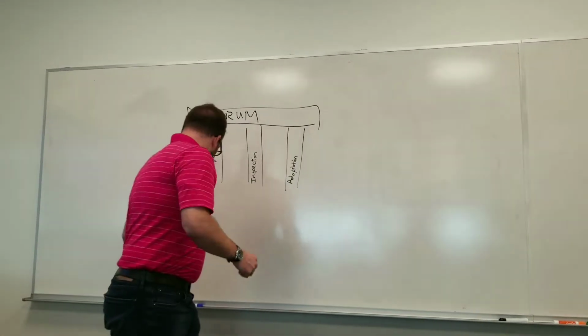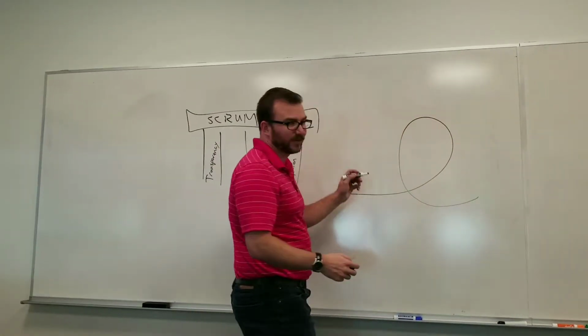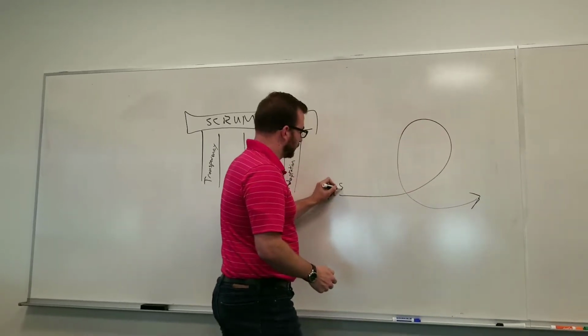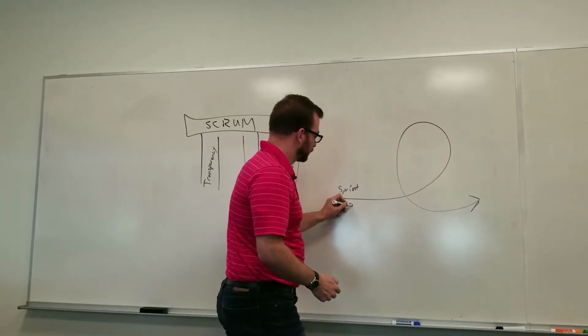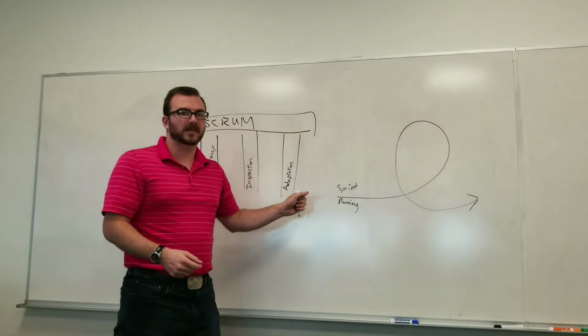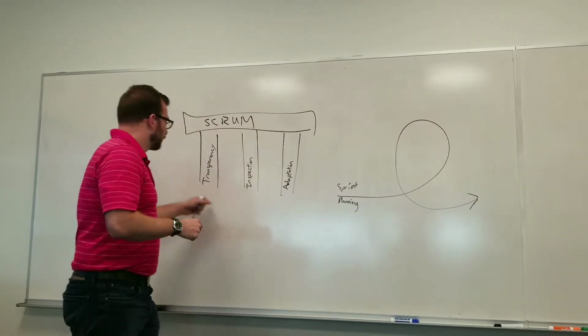So going into our familiar loop, it's a beautiful loop. If we start with our sprint planning, our sprint planning allows us to inspect what we are planning to do in the coming piece. We're going to be transparent.